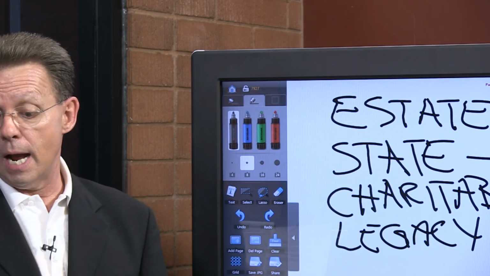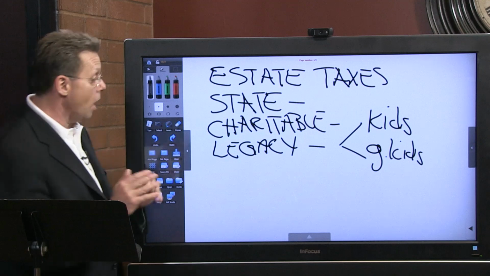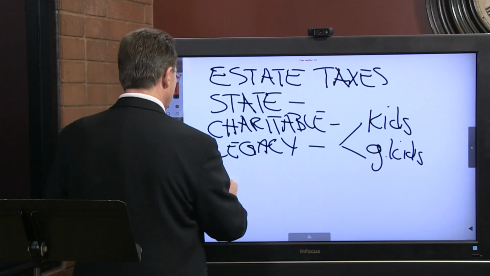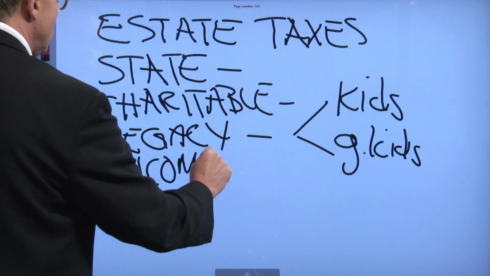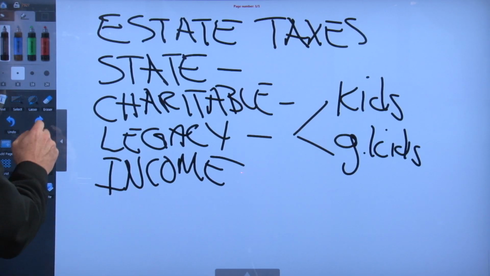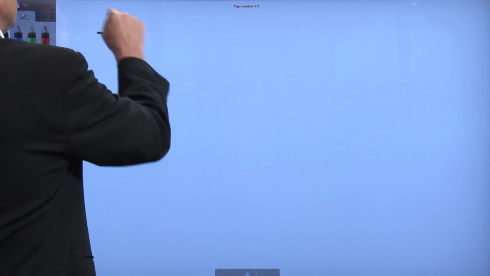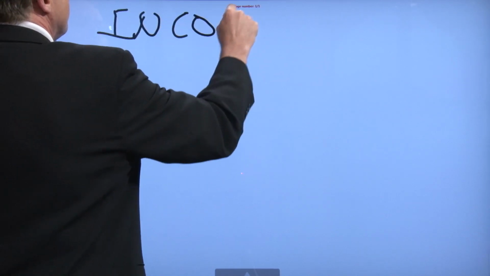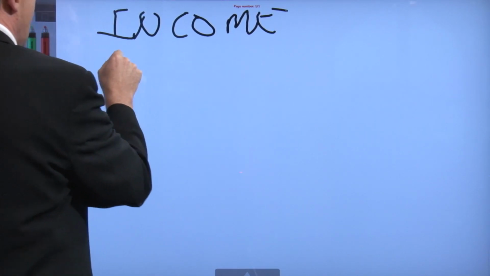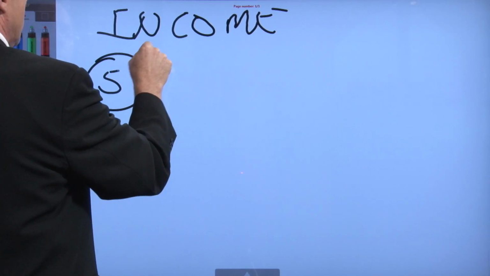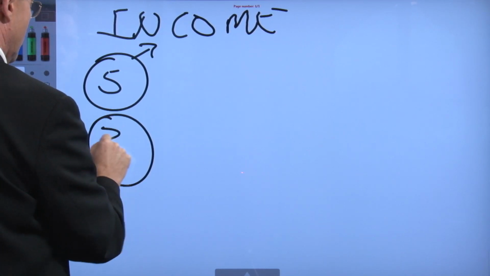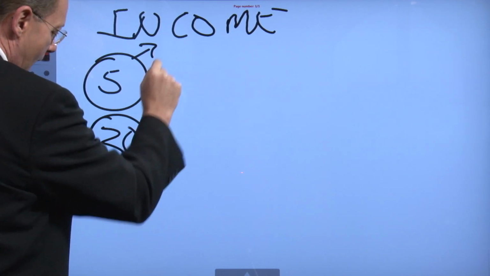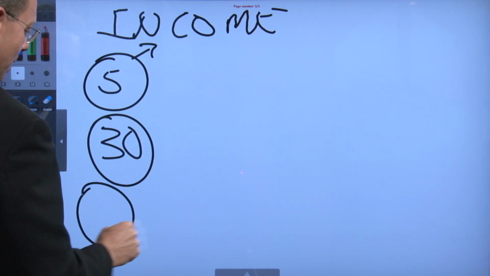Now, one more, and I call this somewhat bizarre planning, is income using second to die. I know people say, Steve, it's an indemnification platform, but income could be the way to play. Think about this as an income scenario. I have a 5-year-old, and I have his mother, and I have her grandparents.